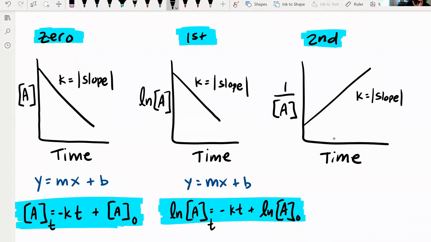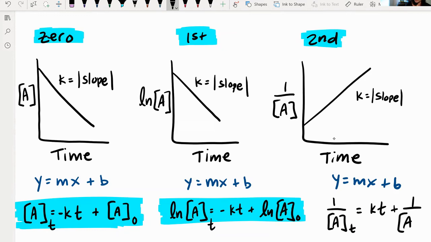All right, and then same thing here for the second order, 1 over the concentration of A at time t is equal to positive k times t plus 1 over the concentration of A at time 0. This is your integrated rate law for second order.